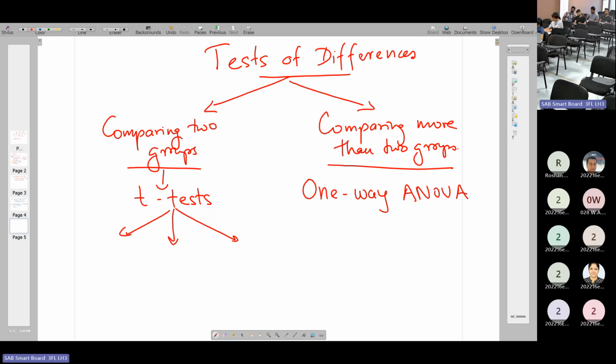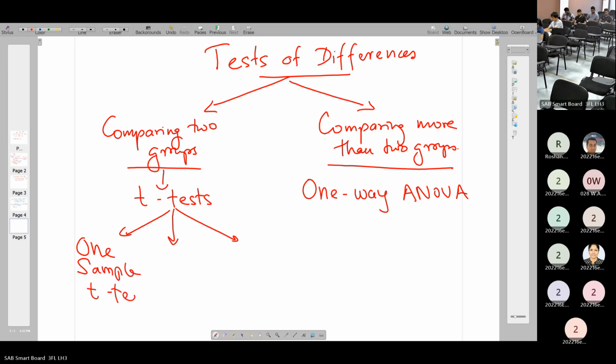One sample t-test. Then independent sample t-test. Then you also have paired sample.